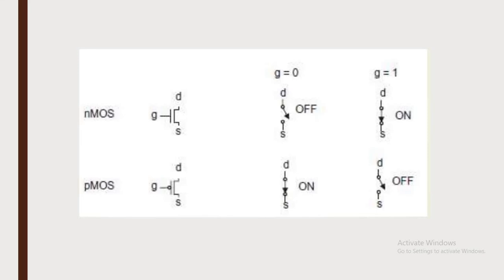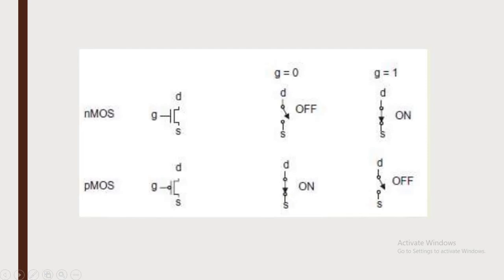NMOS is basically a high voltage device. Whenever we apply high voltage at the gate, the drain and source become short circuited. As we can see in the figure, whenever the gate voltage is 0, meaning low voltage is applied to the NMOS, the drain and source become open circuited, and whenever high voltage is applied to the gate, the drain and source become short circuited.